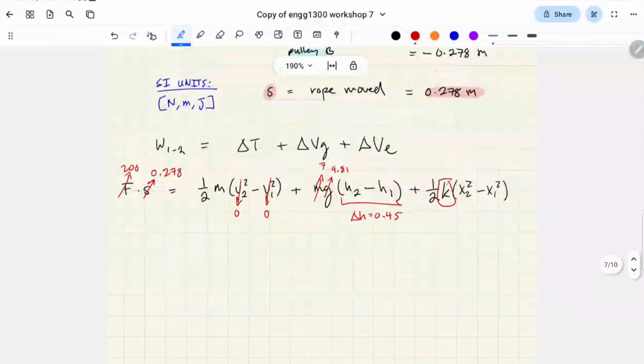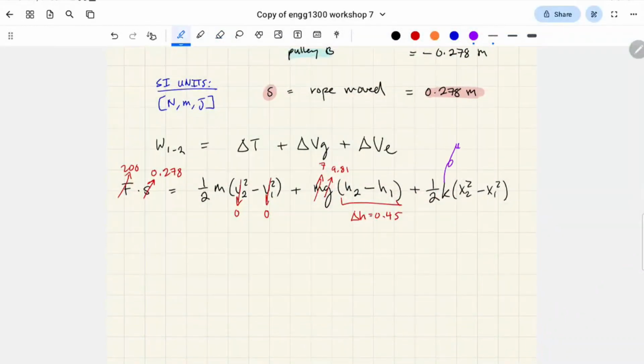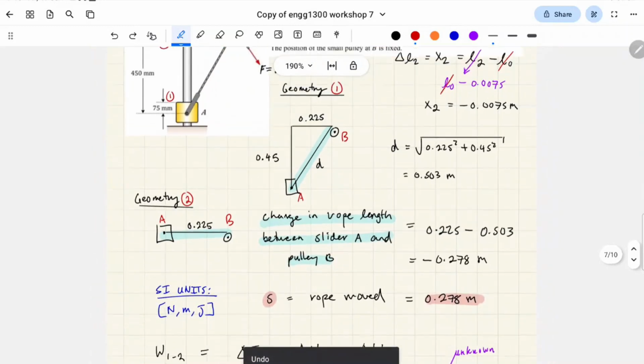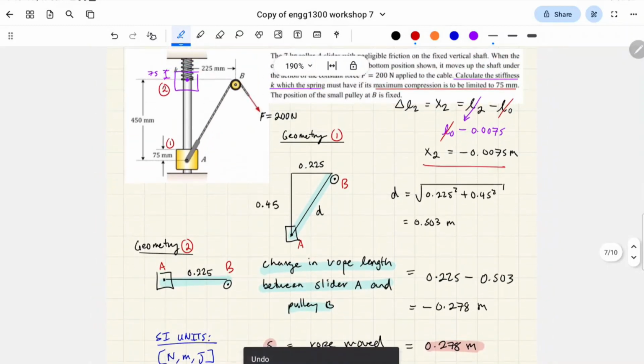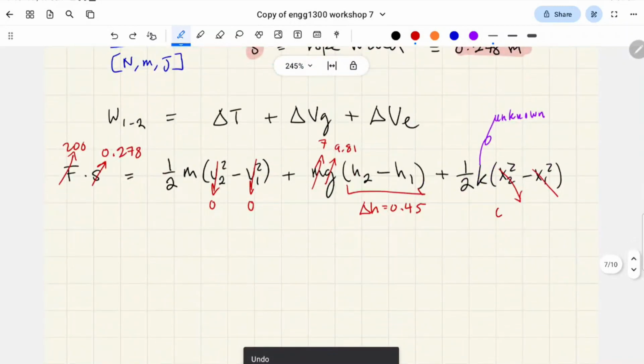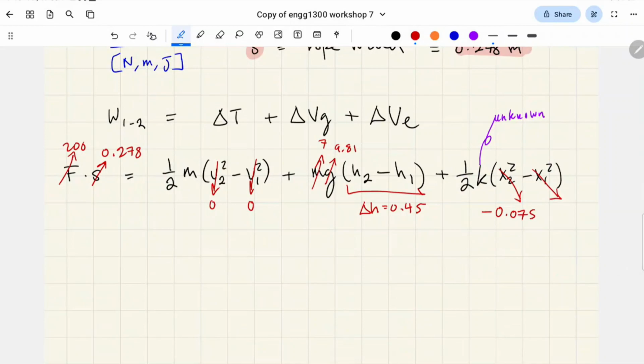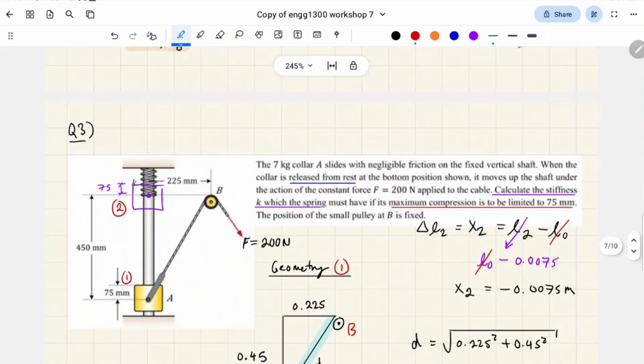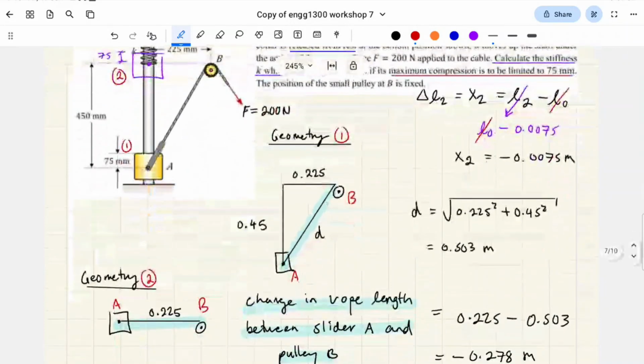And then K is what we don't know, so that's our unknown. We worked out x2, which was the compression or the deformation in state 2. And x1, in state 1, the spring is unstretched. It's not deformed at all. Nothing's touching it, so it's 0.